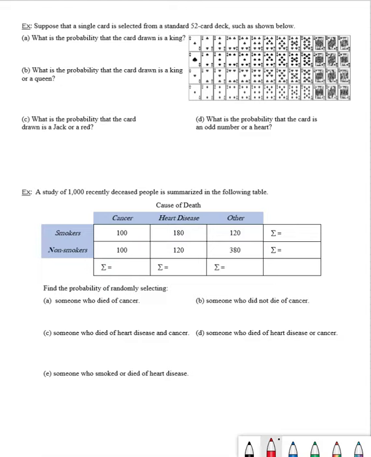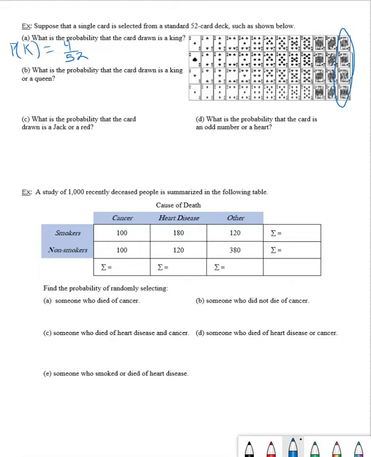Now, probability that the card is a king. Really quickly, I'm going to go back to my notation, and I'm going to say that the probability of a king, and I'm just going to write K, where K is the event that the card is a king. How many kings do we see here? Well, we should see 4 kings, and that's only 4 kings out of the 52 cards.